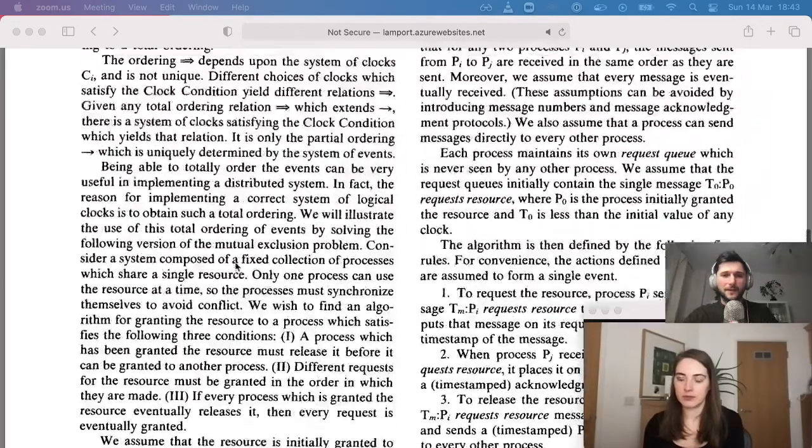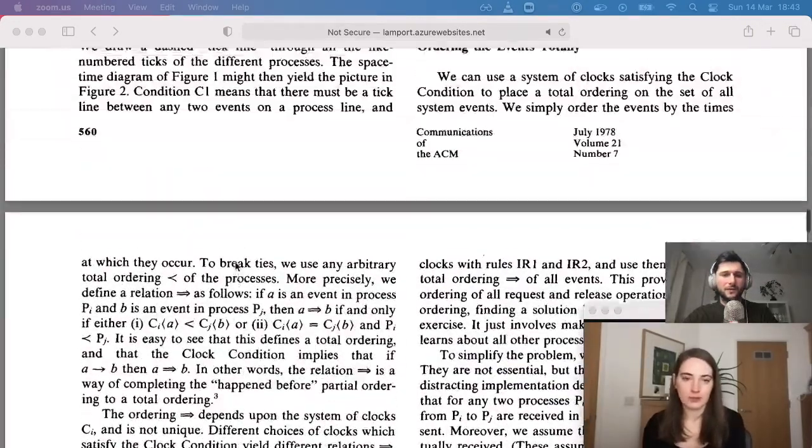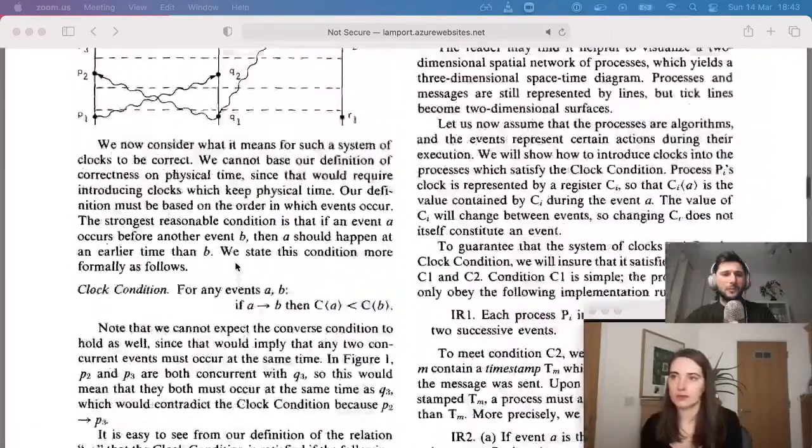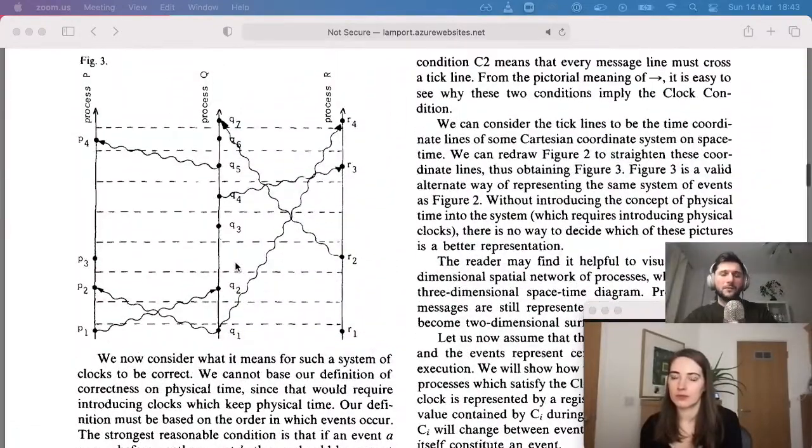So I think it would be helpful if we gave an example again by looking at this diagram of how this mutual exclusion problem would be solved with total ordering. If we have process P trying to access a resource, the algorithm that he defines goes as follows.